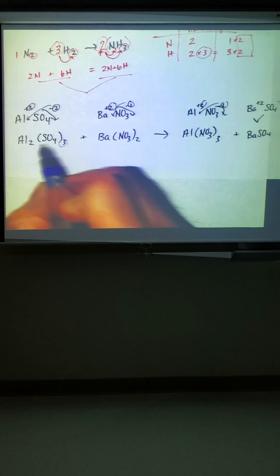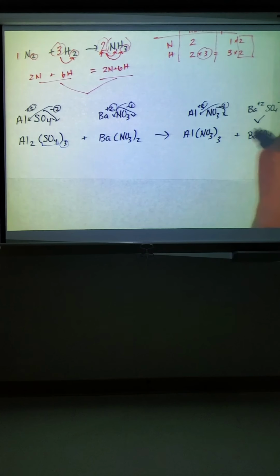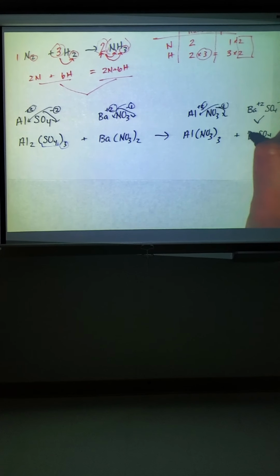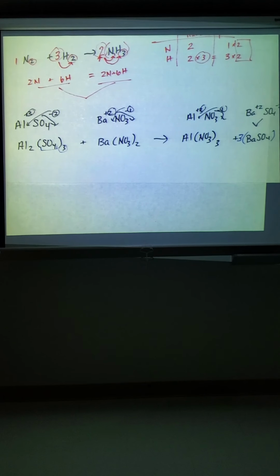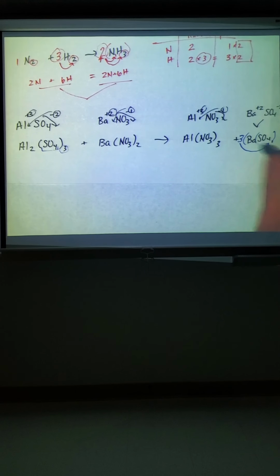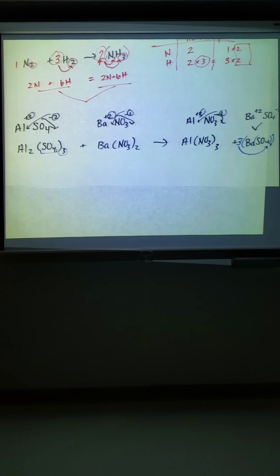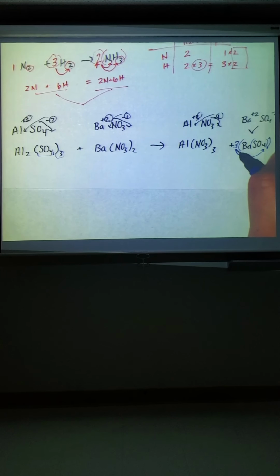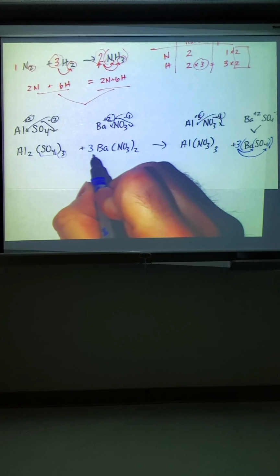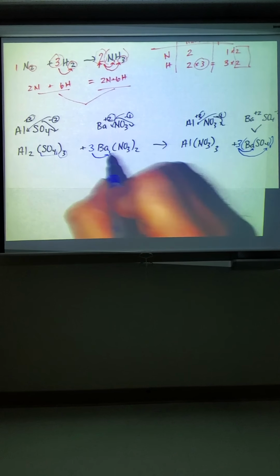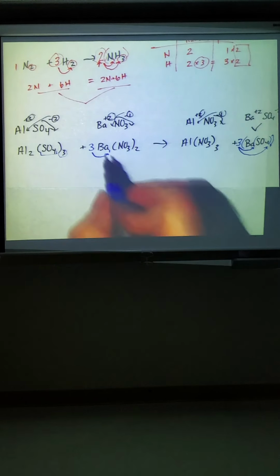If there's 3 of these sulfates, let's just make sure that over here, since this barium sulfate comes as one unit, we get 3 of those. That'll give us 3 of our sulfates that we need because imaginarily there's only 1 per unit. But unfortunately that does apply to barium as well. So we're going to need 3 bariums to make up for it over here. That'll give us a 3 to 3 match that we need.